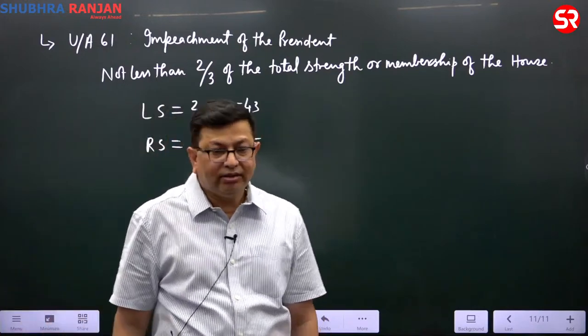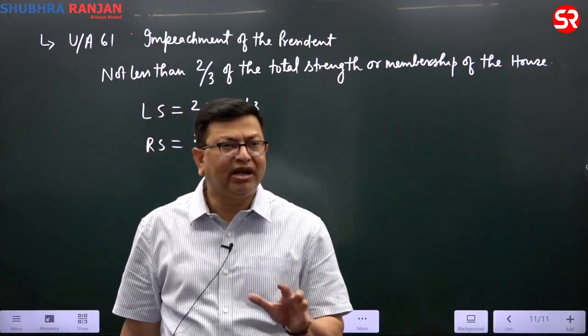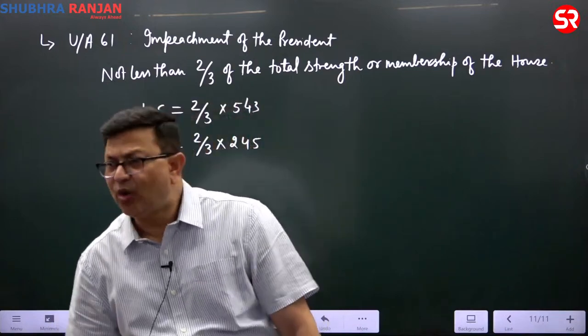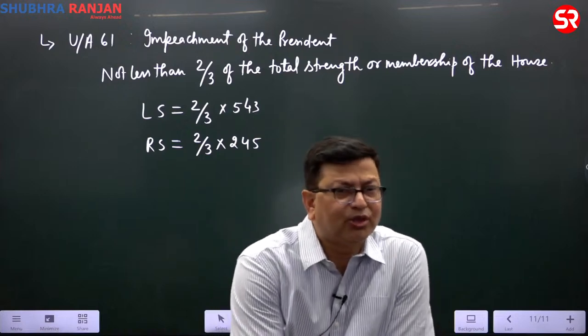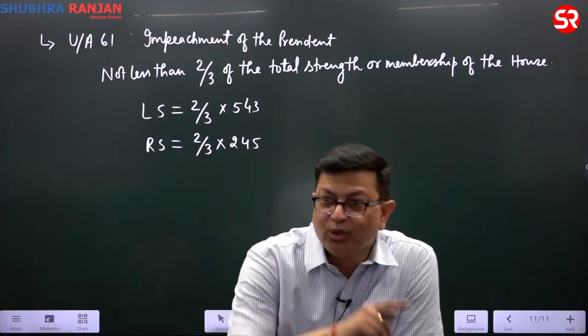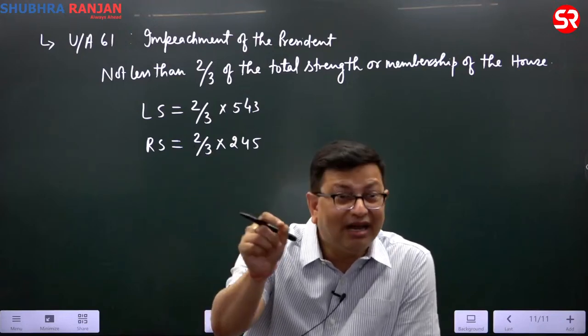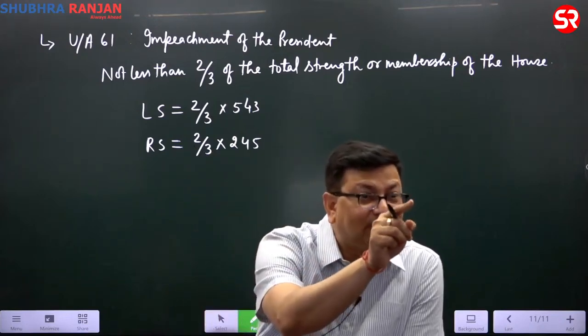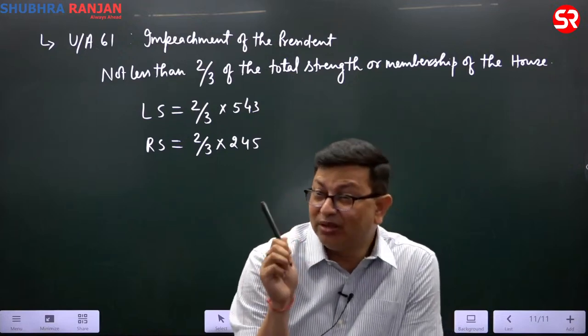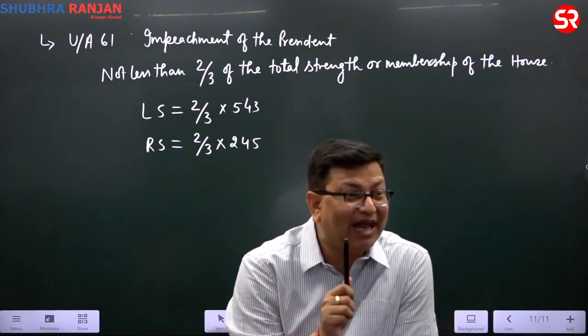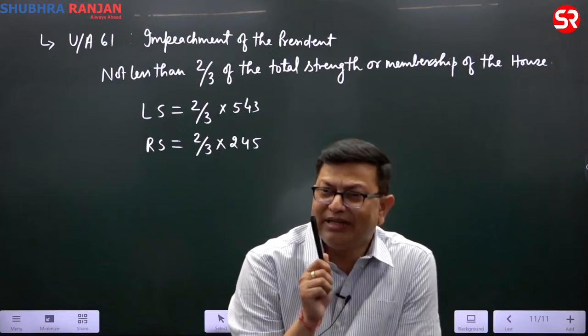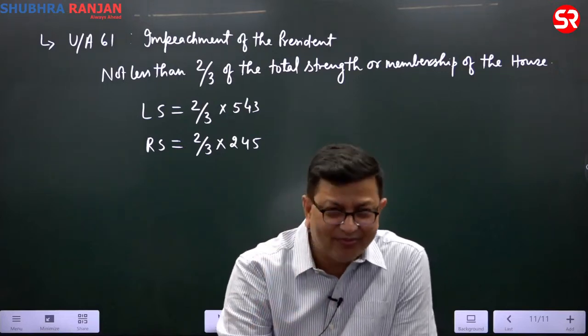It is the most difficult majority required under the Constitution of India. 2/3 of the total strength in the Lok Sabha, and then 2/3 of the total strength of the Rajya Sabha. Both the houses sitting separately will have to pass it, and then only the president will be impeached.